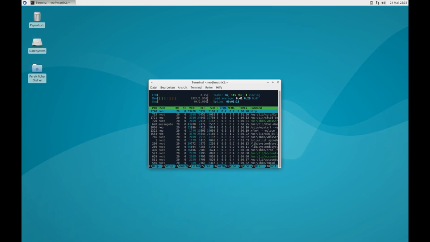Now it becomes a little bit difficult with this ranking, because the next two distributions are using exactly the same amount of memory. These two distributions are Xubuntu 16.04 and Ubuntu Mate 16.04. Let's start with Xubuntu.